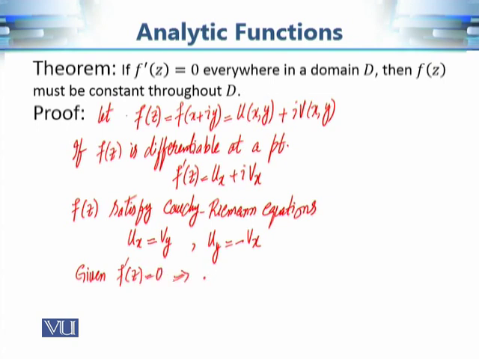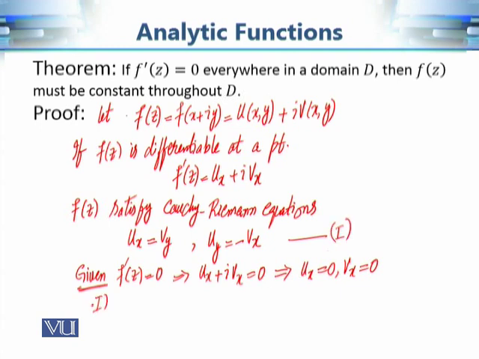So this implies that ux plus iota vx is 0, and definitely this implies ux is 0 and vx is 0. So this is the given part, and using these Cauchy-Riemann equations, let's call them set of equations 1.